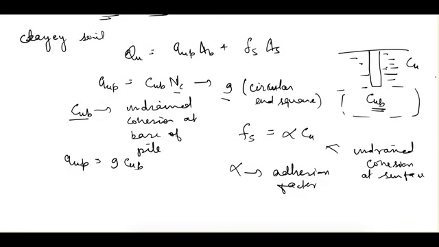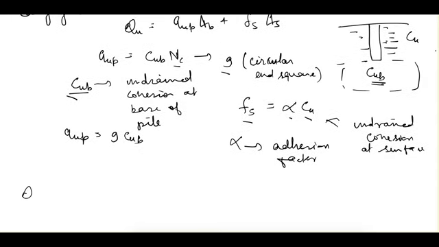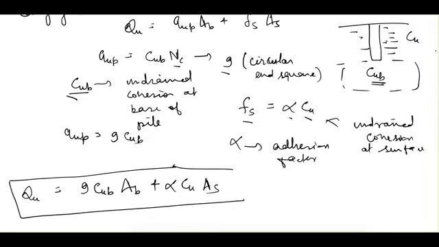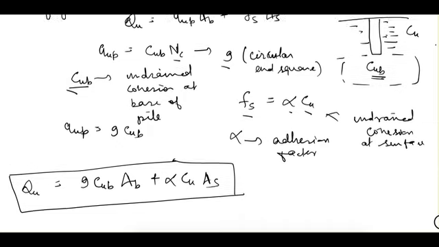So these values are always given to you. Sometimes this Cu is equal to Cub, and multiplied by the alpha, you will get the Fs. So we can write Qu is equal to 9 into Cub times area of the base plus Fs, which is equal to alpha into Cu times area of the surface. So this is the equation we use in case of clay soil.